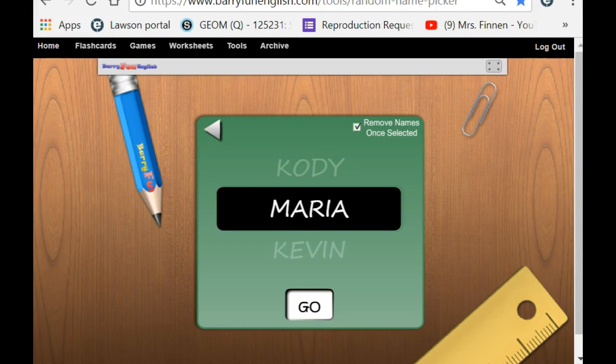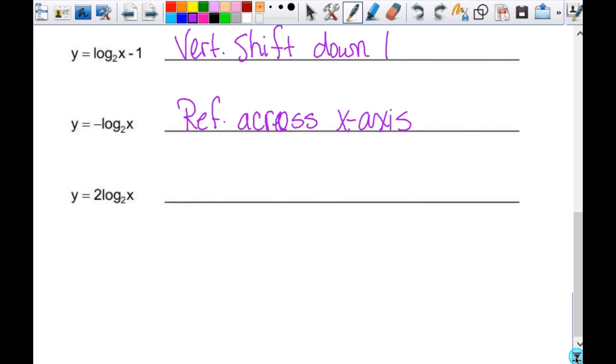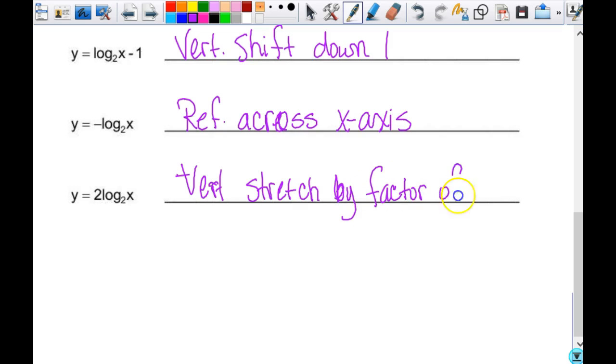All right. Maria. Okay, good. Verticals. Okay. Yes, vertical stretch. There you go. Vertical stretch by factor of 2.